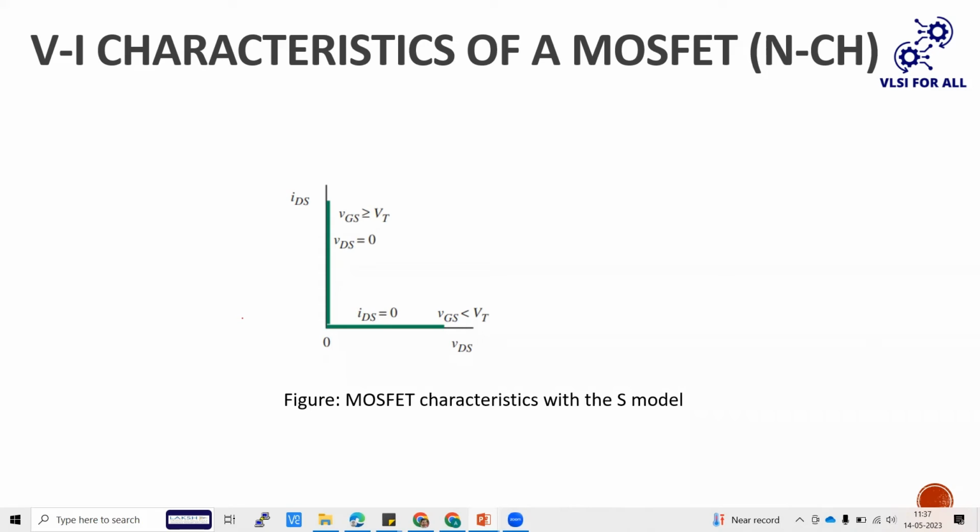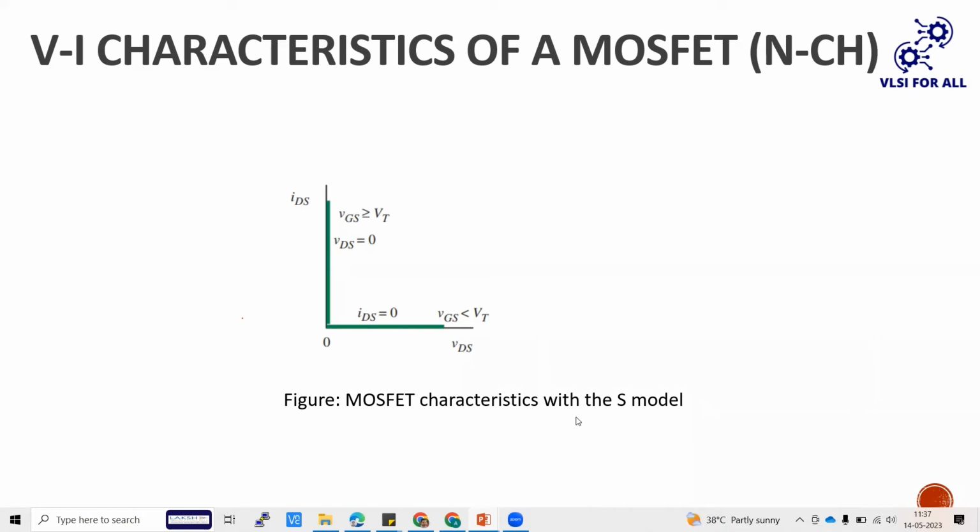Whereas there is one more model called SR model, switch resistance model, where the MOSFET has some finite resistance when it is in on condition. That we will see later. But as of now, you just go through the MOSFET characteristics with the S model only.